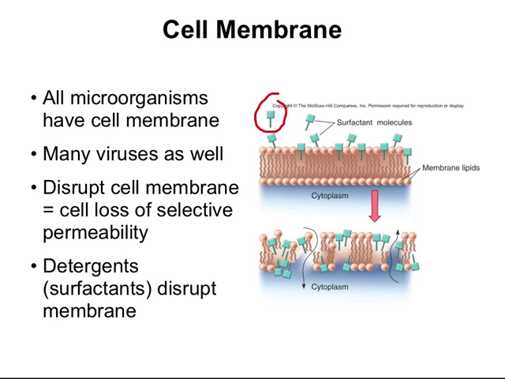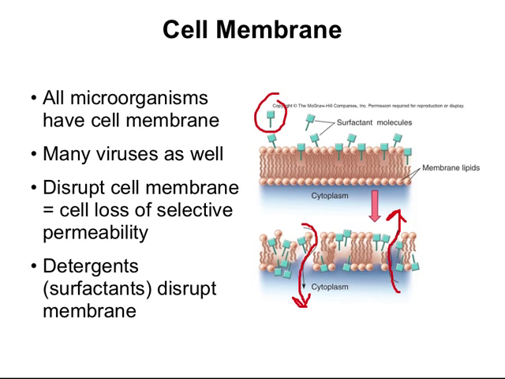This penetration of surfactants causes the membrane to break apart a little bit. This causes spaces in the cell membrane and allows the passage of previously excluded molecules into or out of the cell. This is exactly the way that your detergent dish soaps work in order to reduce microbial load.